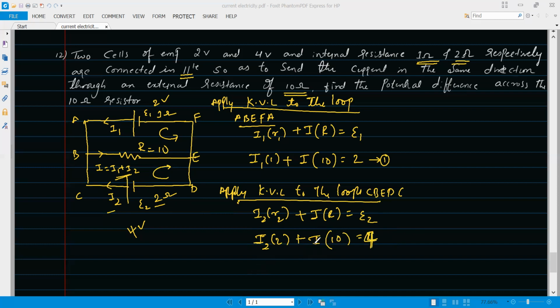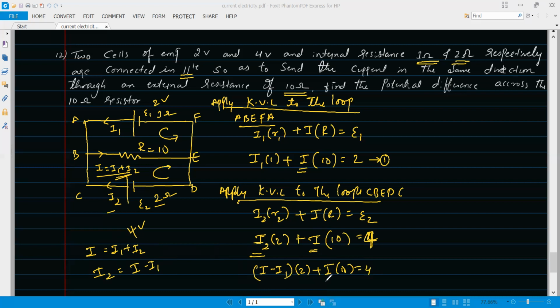Now let us split I. It is better to split it in one equation. I will write I2 in terms of I, so that we keep I, which is what we need. From the earlier equation, I is equal to I1 plus I2, so I2 is equal to I minus I1. So we can write (I minus I1) into 2 plus I into 10 is equal to 4.